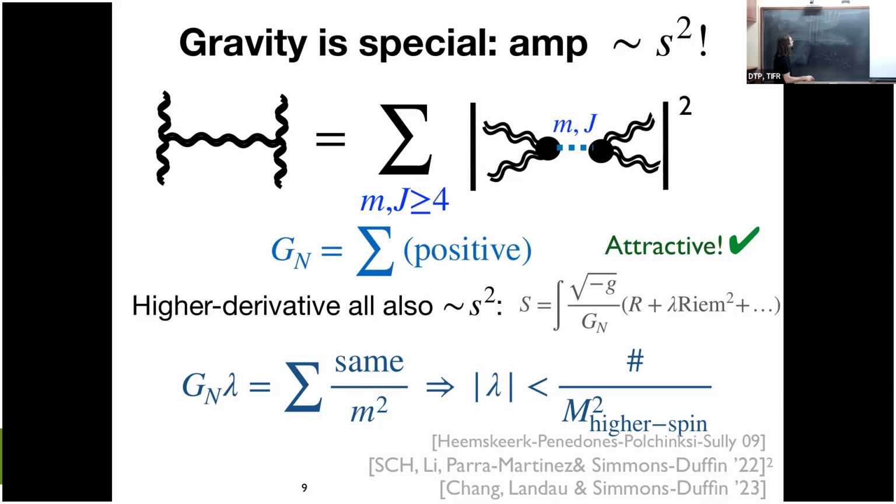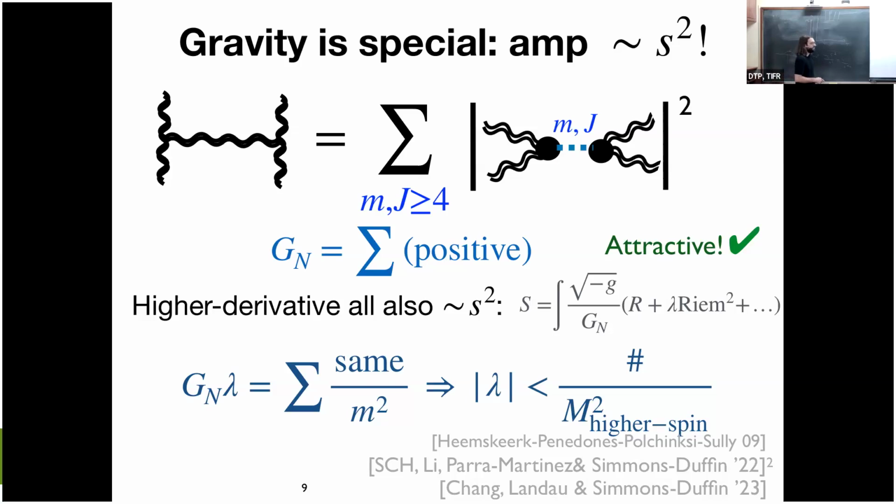What is not obvious is that you can also assemble the equation so you don't get the denominator of the light part. So the mass that contributes here is really the mass of the higher spin, spin 4 and higher. So you get a quantitative relation between higher derivative couplings and the mass of higher spins.